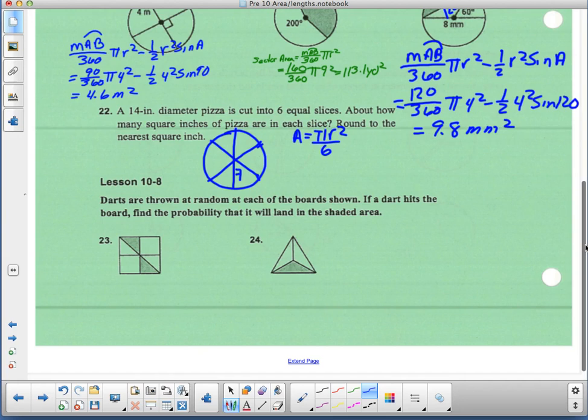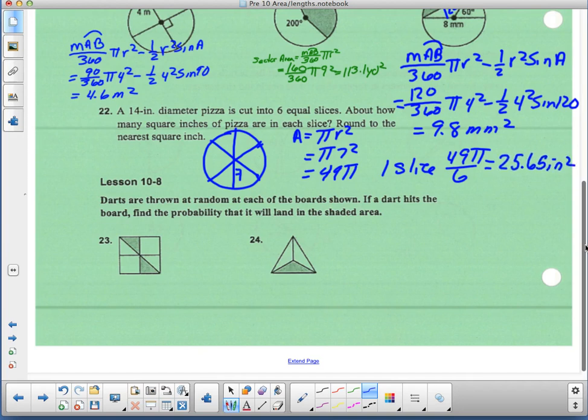So we're going to find my area first. Pi r squared, so I've got pi times 7 squared, so I've got 49 pi. Now, one slice is 49 pi over 6, and that is the same as 25.65 inches squared per slice. They say round to the nearest square inch, so this is about 26 square inches per slice.